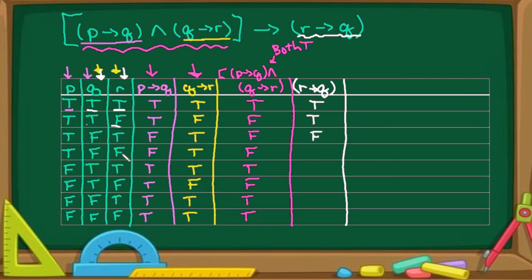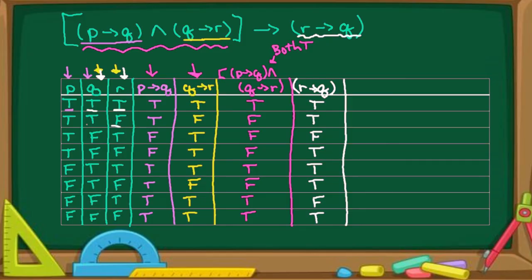Remember, that's where it's false. False and false is true. True and true is true. False and true. True and then false is our false statement. And then false and false. Okay, so remember, for then, the only time it's false is if we have the pattern true and then false. So for this one, we had true and then false. And for this one, we also had true and then false. Everywhere else, it would be true.